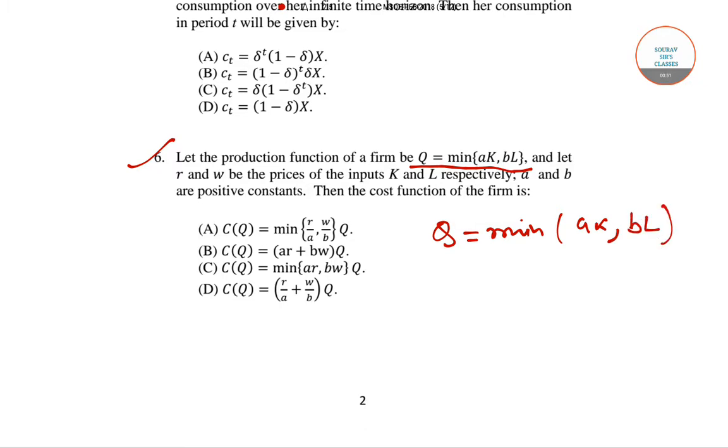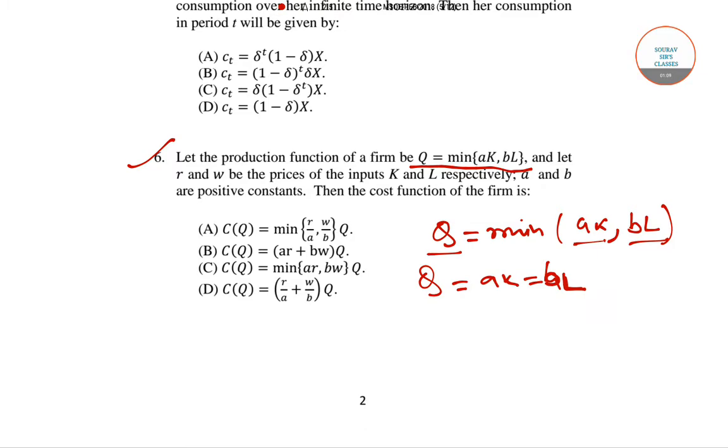AK comma BL. So here we can say Q equals AK equals BL.